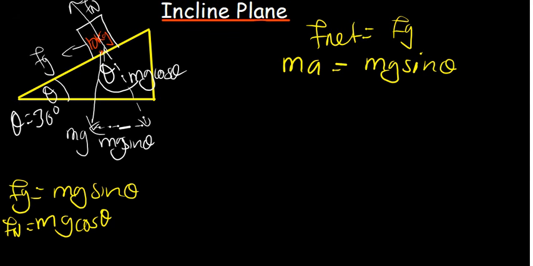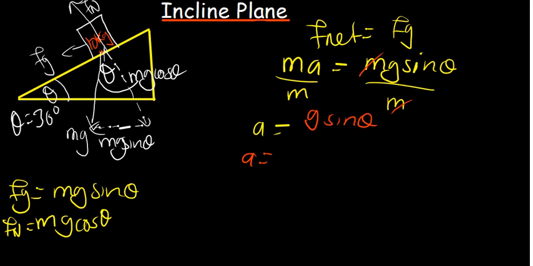Now if I want to get the acceleration, I will divide by m. My a is going to be, I can cancel m, and I'll have g sin theta. So my acceleration is equal to my g, 9.8 meters per second squared, times sin 30 degrees.